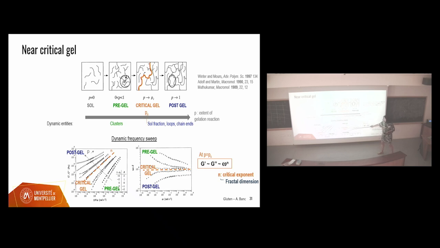The post-gel is characterized by this increase of tangent delta, and the critical gel is recognized by the constant value of tangent delta. And this tangent delta value depends on the critical exponent n. And Muthukumar proposed that this critical exponent will be associated to the fractal dimension that we have in the sample.